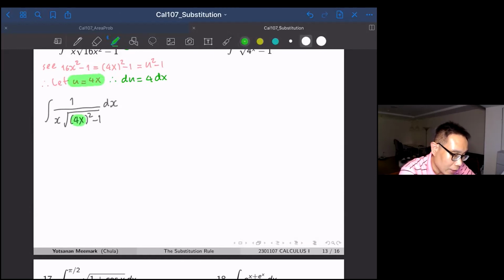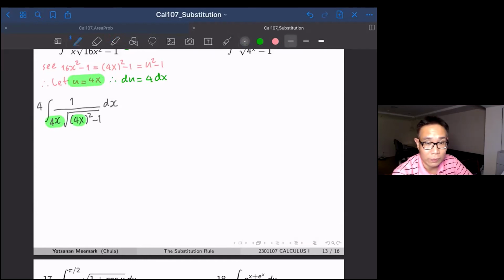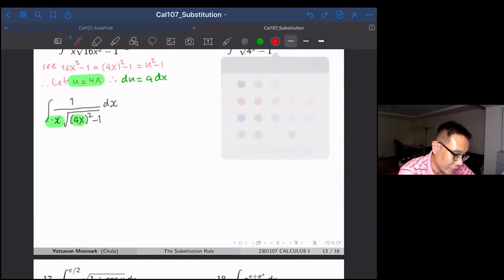Now you need this 4x, so you need to multiply by 4. You multiply this guy by 4, and you multiply the top by 4 also. This is how we do this one. So you multiply 4 on top and on the bottom.